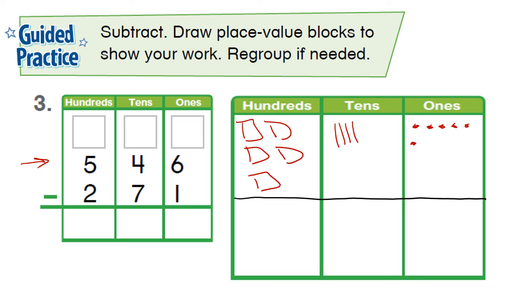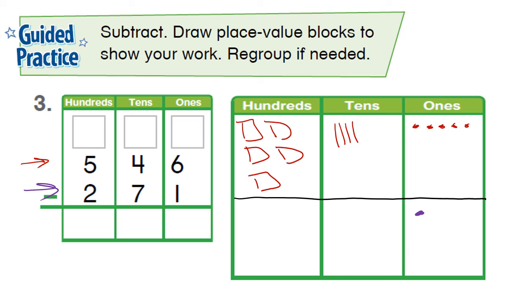And we're going to move down our subtrahend, what we are subtracting. So 6 minus 1, I can do that. I'll move that 1 down here. 4 rods, or 40, minus 7 rods, 70. So 40 minus 70, I can't do. I have to regroup.